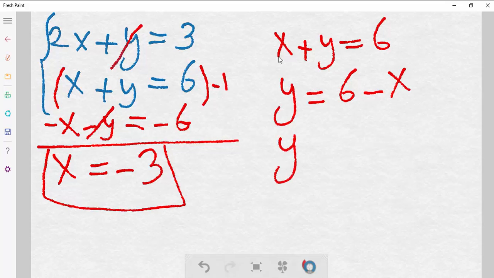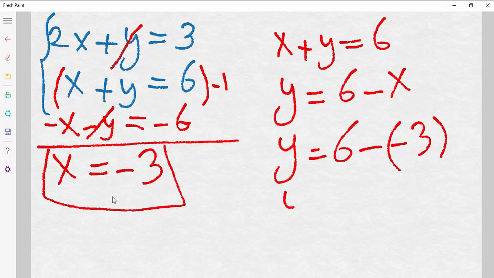So y will be 6 minus x. So we found x already. So I substitute x value here, negative 3. So y equals 6 minus negative 3, which is 9.